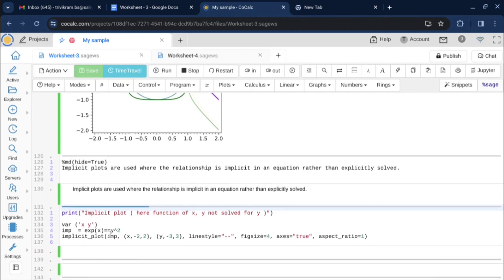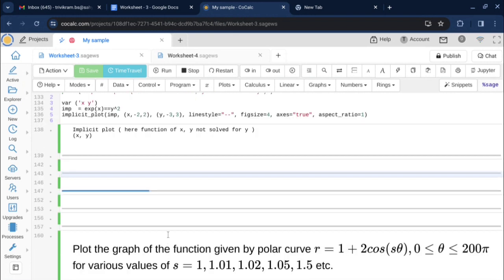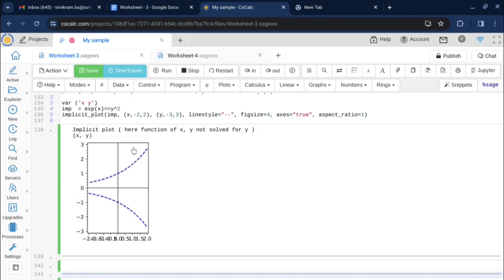Here I have taken the equation e power x is equal to y square, and here for implicit plot I have taken the range as -2 to 2, -3 to 3, dash line I have put, figure size 4 I have taken, axis true, aspect ratio 1. So let us see if you run this what happens. So this is nothing but one more kind of implicit plot.